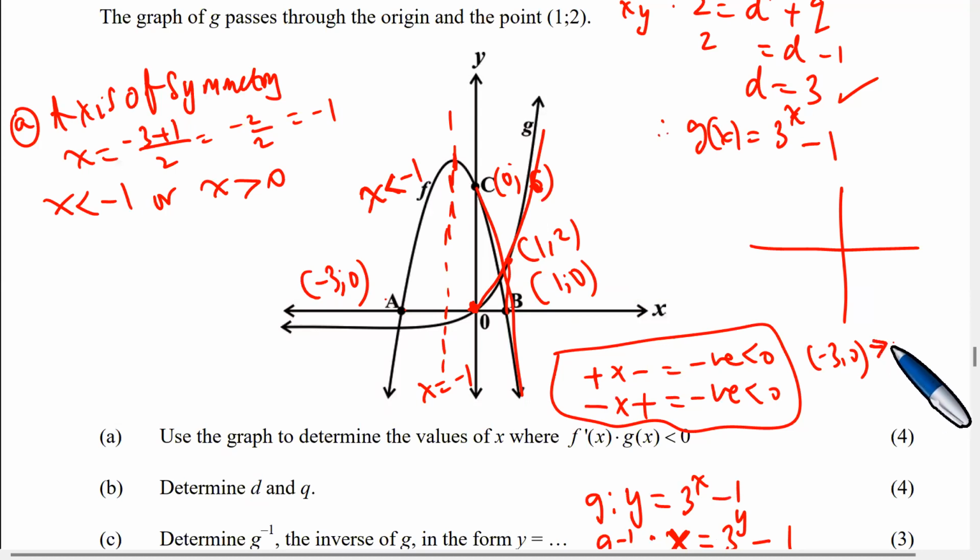So you have 0, minus 3. You switch these around for the inverse. If you have the point 1, 0, it becomes 0, 1.